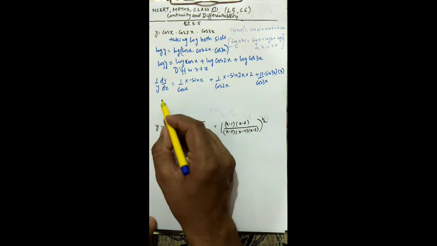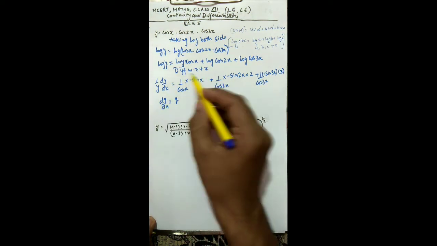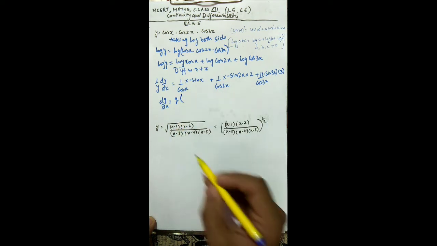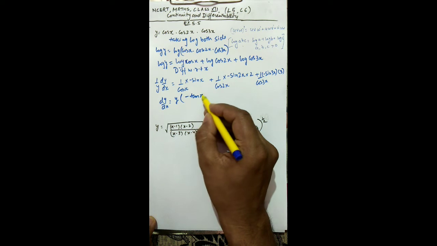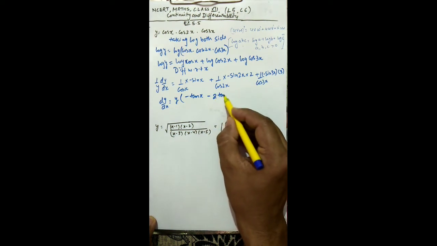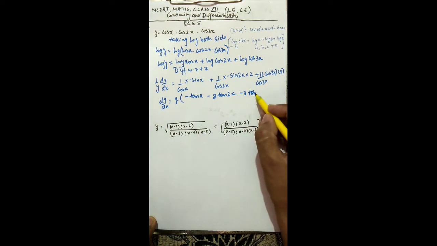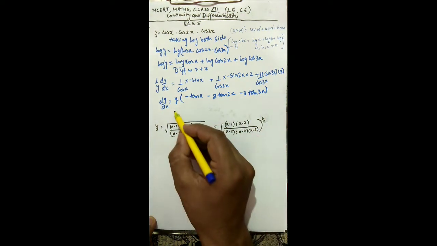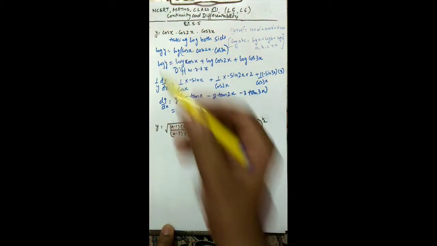We can write dy by dx as, if you do the cross multiplication, y times. So this will become minus tan x, and this will become minus 2 tan 2x, and this will become minus 3 tan 3x. And finally you substitute the value of y that you got in the beginning.